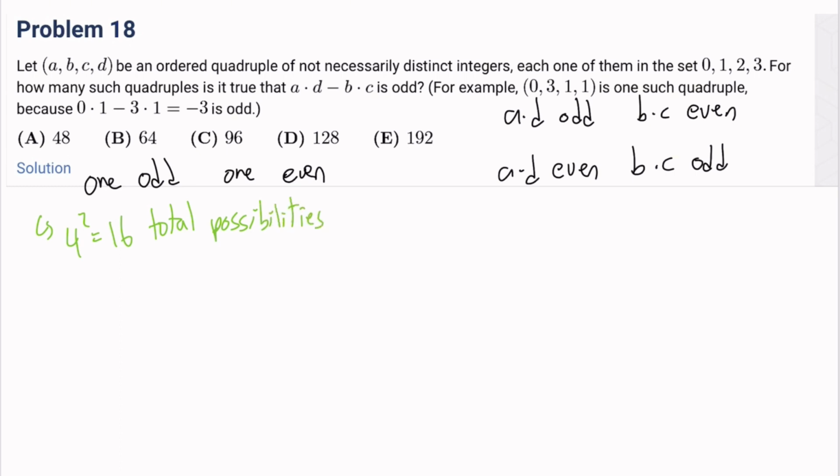And for one to be odd, this is just either 1 or 3. So it's 2 squared equals 4 possibilities, right? And for even, this is all the rest. So 16 minus 4 equals 12 possibilities.